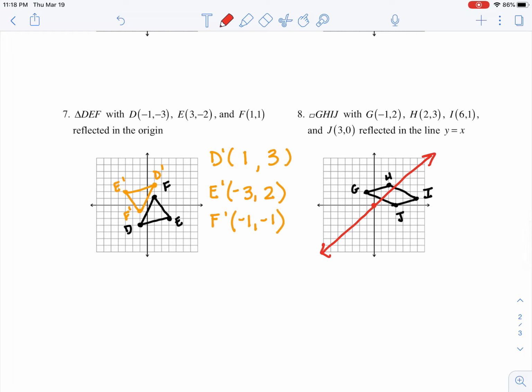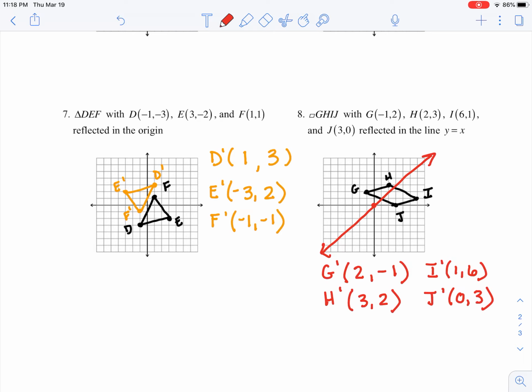So for this last question, let's follow the same process. So point G was at -1, 2. So G prime will go to 2, -1. When I switch the coordinates of H, H prime will end up at 3, 2. I prime should be at 1, 6. And J prime should go to 0, 3.